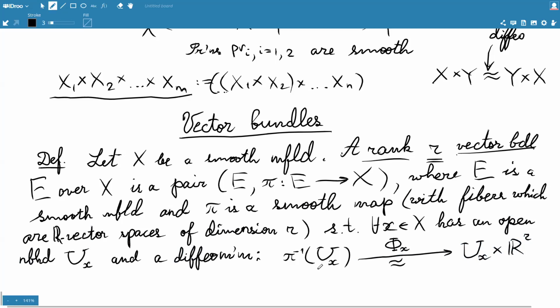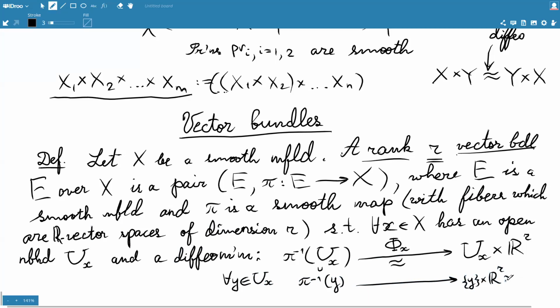In this case, if you take any point y in U_x, then its preimage, which is the fiber π^{-1}(y), is mapped by φ_x to {y} times R^r.